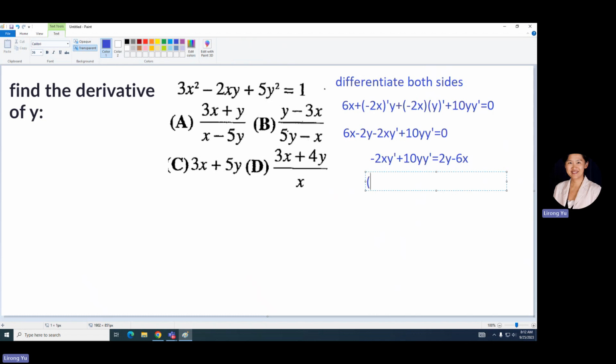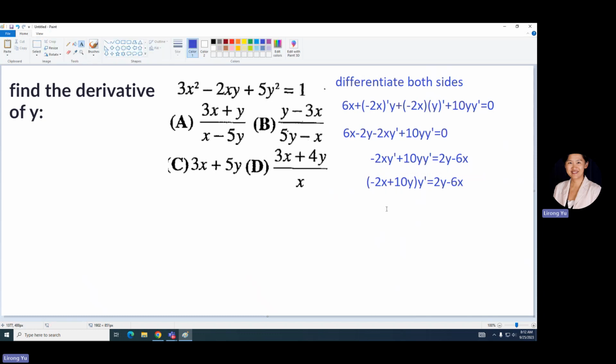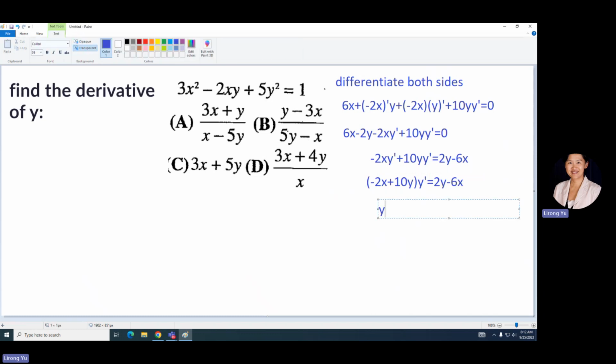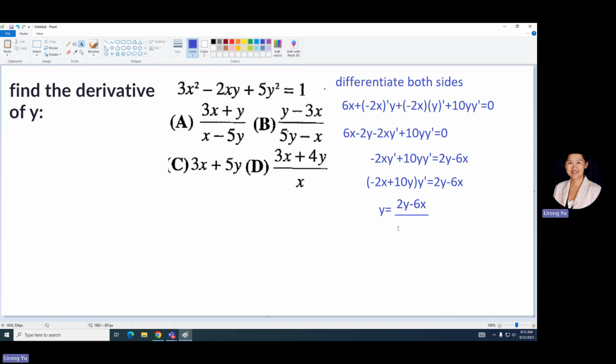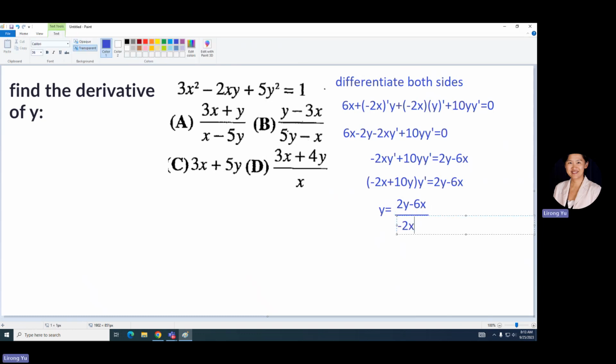We'll factor the y prime out, so negative 2x plus 10y, and multiply by y prime. That's the left side, 2y minus 6x on the right side. So now we have a formula. y prime is equal to 2y minus 6x on the numerator divided by negative 2x plus 10y on the denominator.